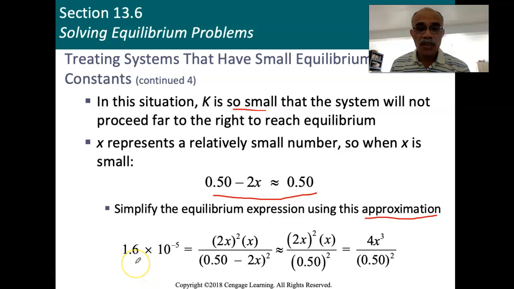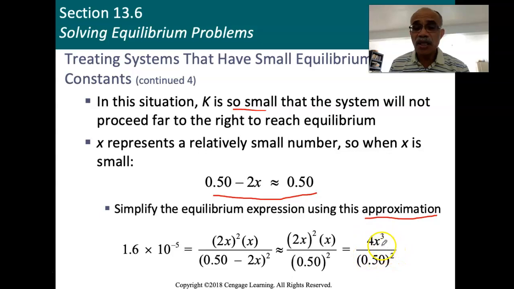So now let's rewrite the equation using this approximation. (2x) squared times x over 0.5 minus 2x. This will be reduced to 0.5. This 2 remains; we don't use that approximation out here. So this becomes 0.5, and this is (2x) squared times x. So it becomes 4x cubed over 0.5 squared.